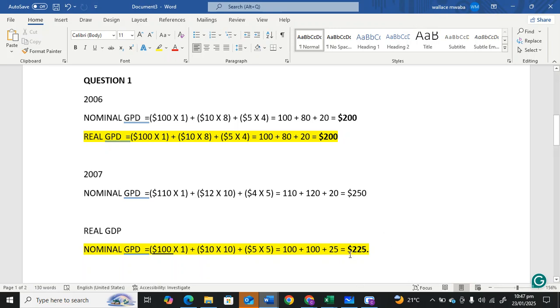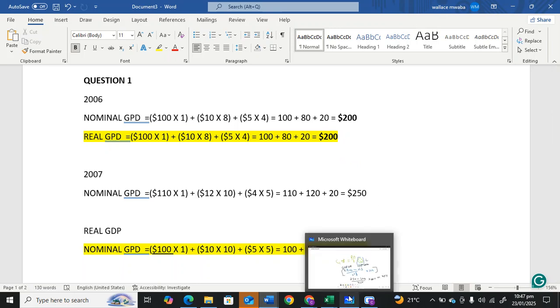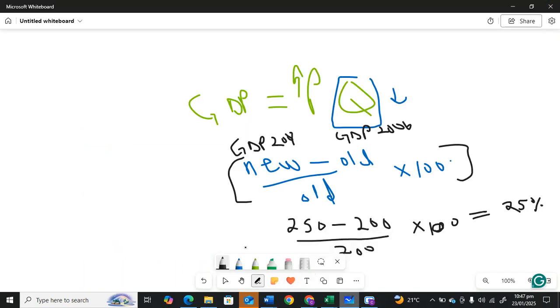What's the percent change from 200 to 225? It is 12.5%. Colleagues, are we all okay with how that 12.5 came about?